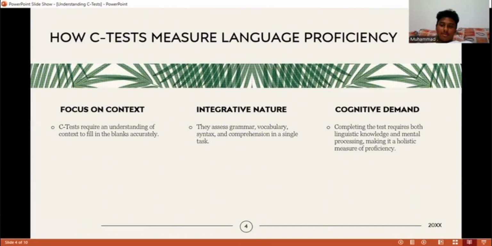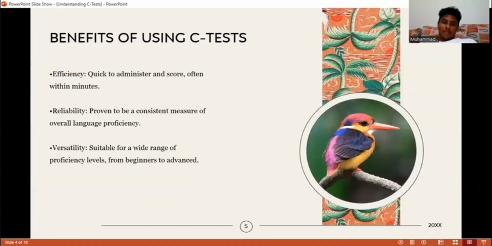Cognitive demand: completing the test requires both linguistic knowledge and mental processing, making it a holistic measure of proficiency.